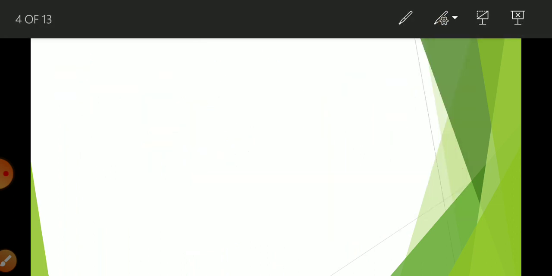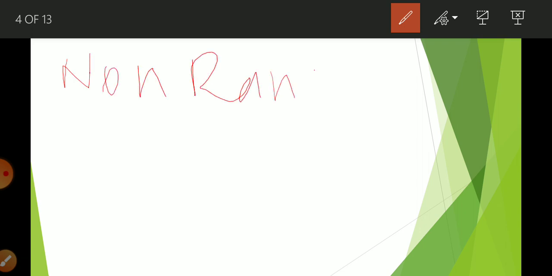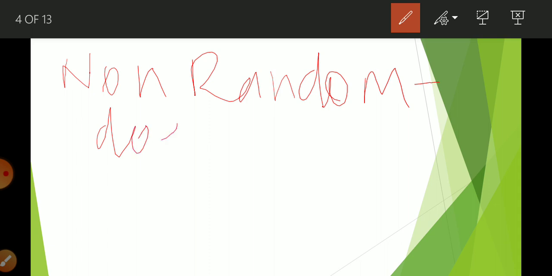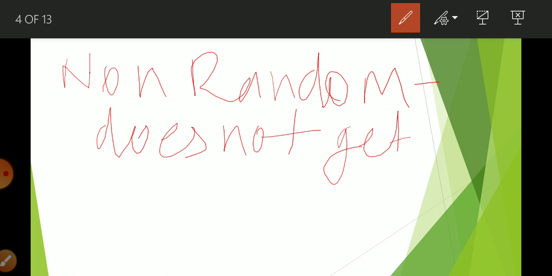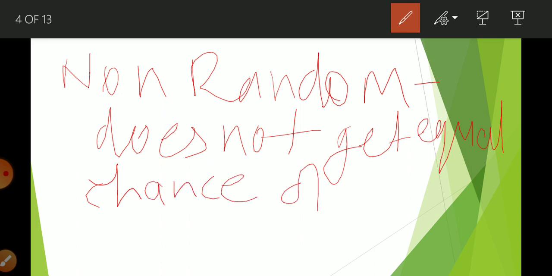But if we talk about non-random sampling, in non-random sampling, each and every item does not get equal chance of being selected.